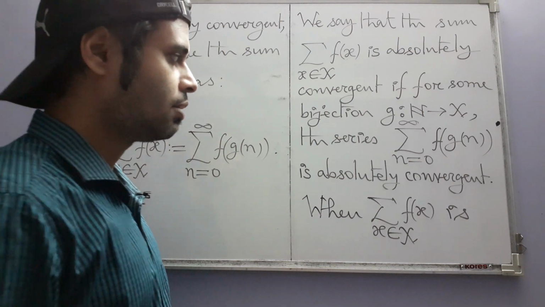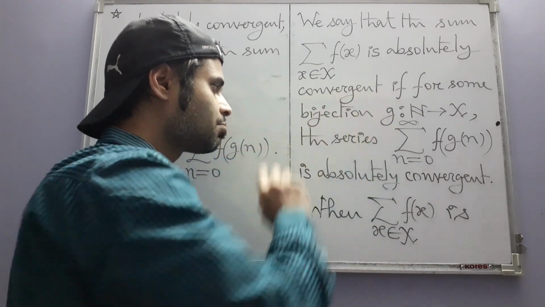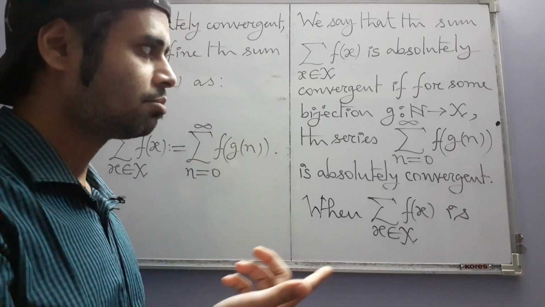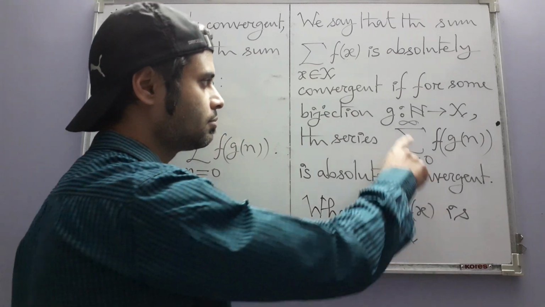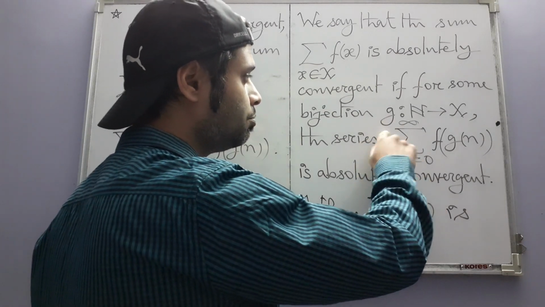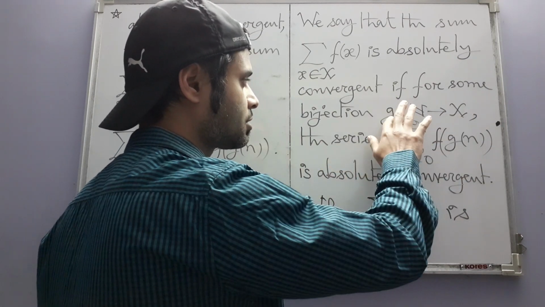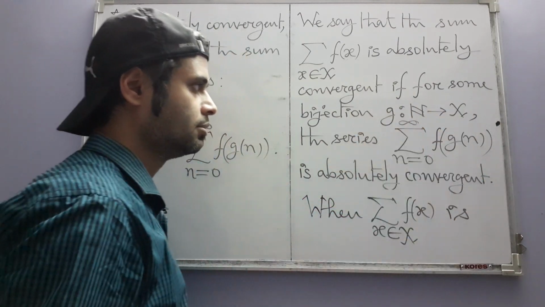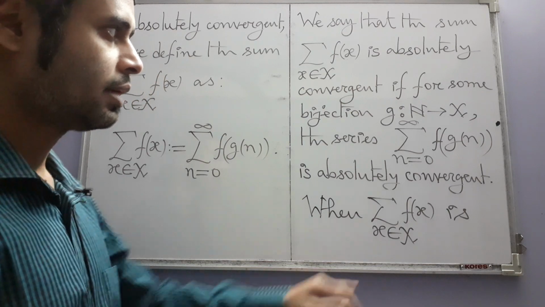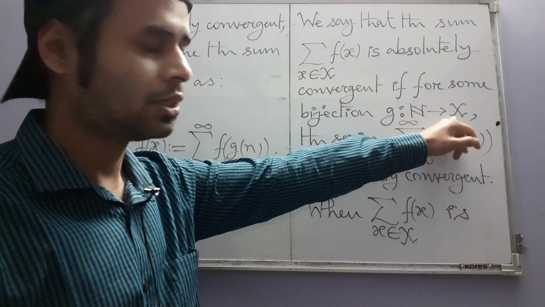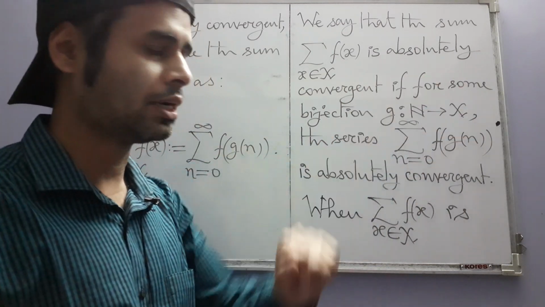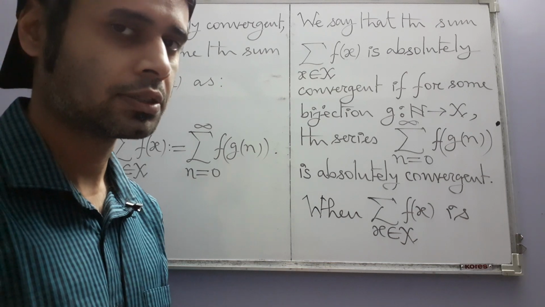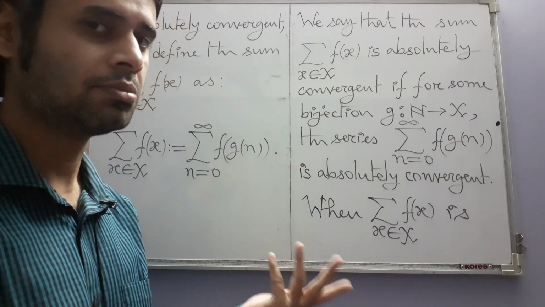Okay, now just looking at this part of the definition, a question may arise. You may also come across some other bijections. X being countable does not mean that there is only one such bijection. There may be many such bijections, in fact, infinitely many.